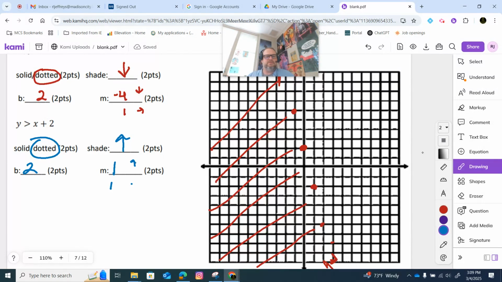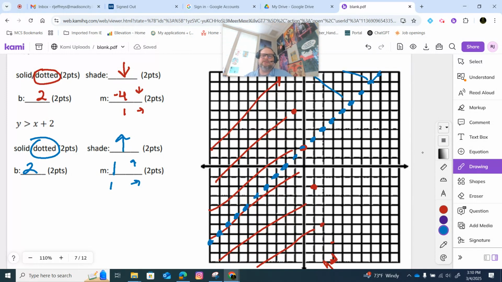So up 1, to the right 1. All right, so I shade up.